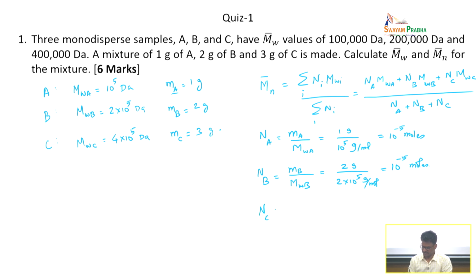Nc is Mc by Mwc. So Mc is 3 grams and molecular weight is 4 into 10 power 5 gram per mole. So this is 0.75 into 10 power minus 5 moles. So we found all the number of moles, then we can substitute in this equation now.